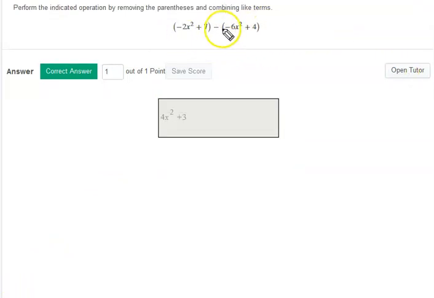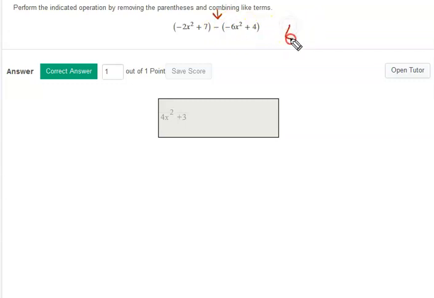Now, for something like this, a protocol might be, again, this is subtraction. So when you have a negative sign in front of a parenthesis, what you do is you get rid of the parentheses but change each of these signs. So I'm going to write that on top actually.